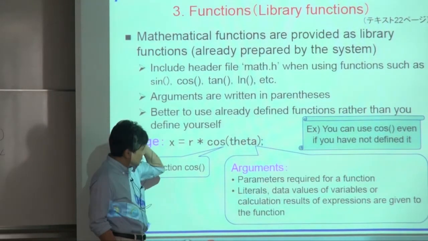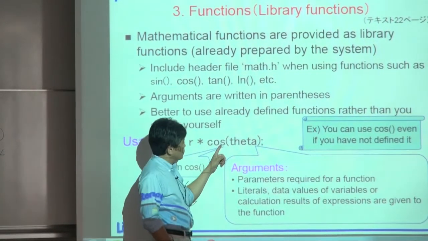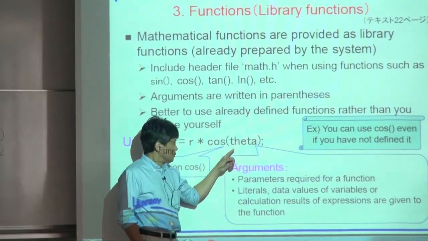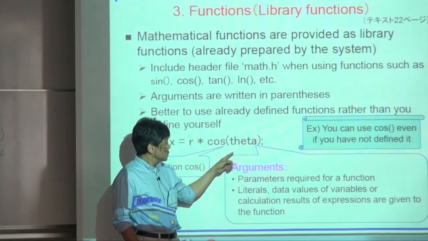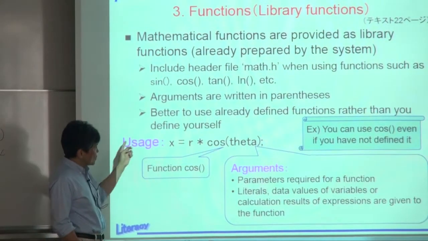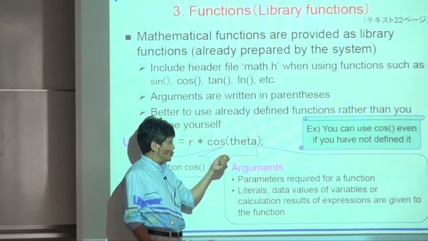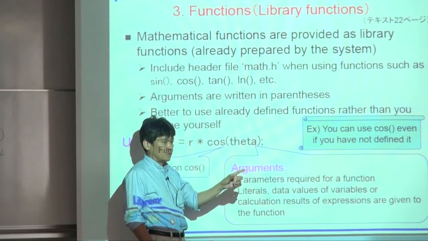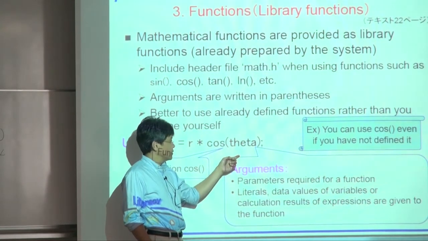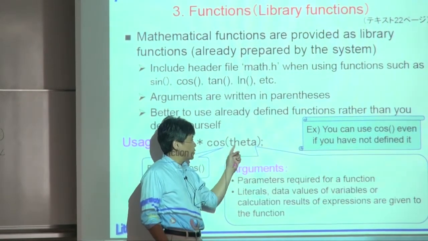Here cos is the function name, and inside the parentheses there is one argument. Such an argument is treated as a variable theta. Actually, the compiler has to know the actual value of this variable to calculate this function, so this argument should be a literal.